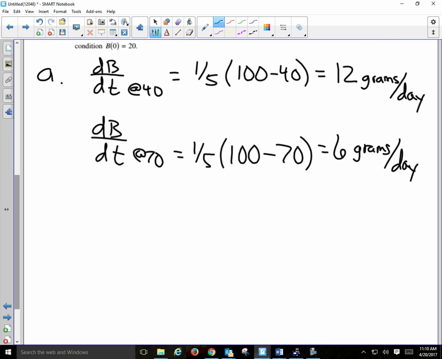So when is it gaining weight faster? When it weighs 40. Does that make sense that it would be gaining weight faster when it weighs less? Yeah.